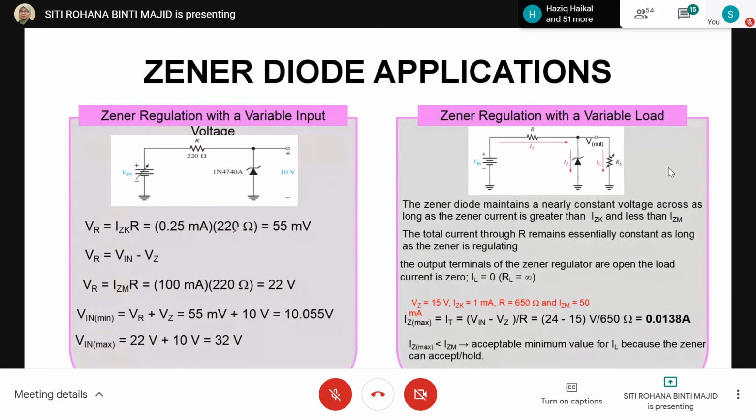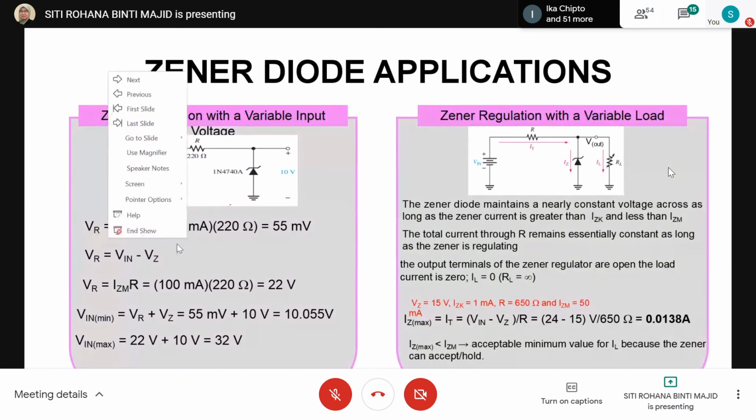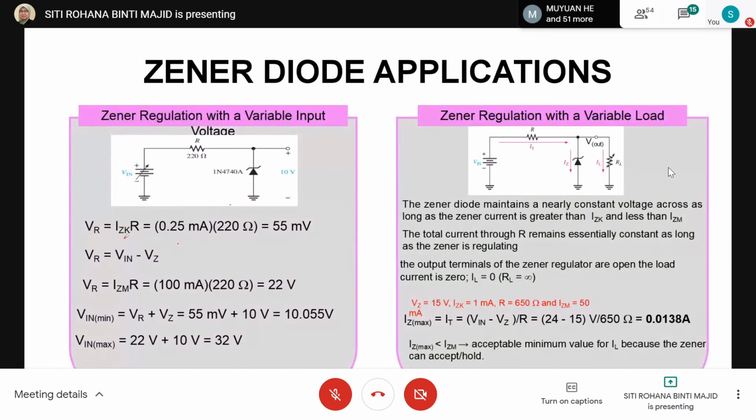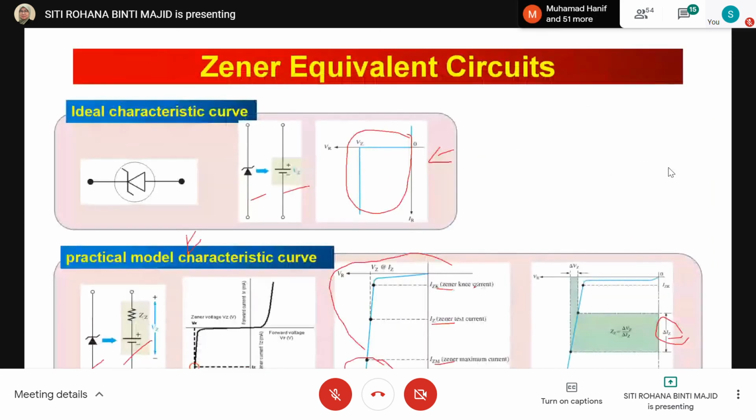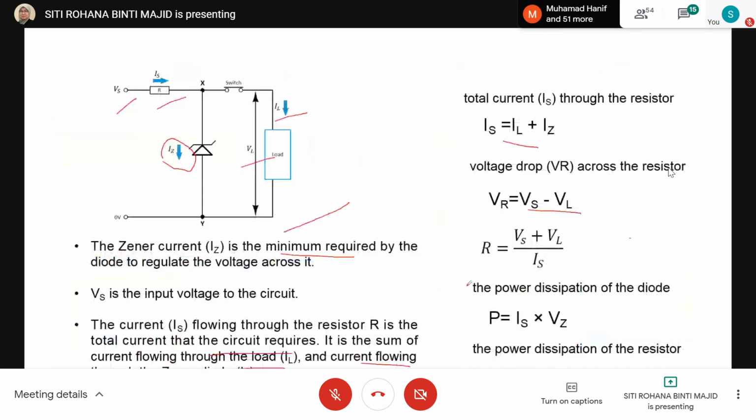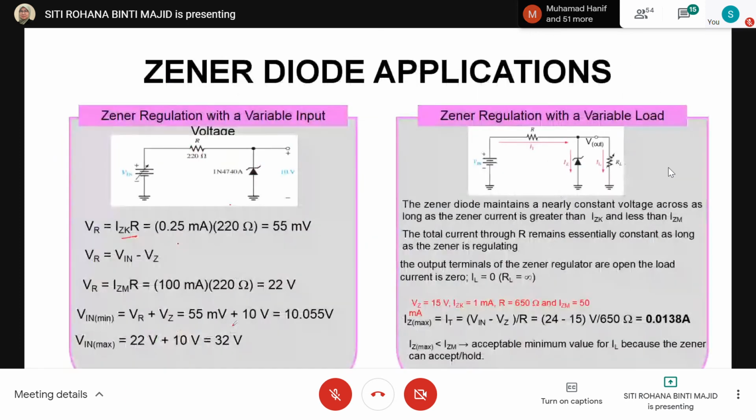Okay, so from this diagram, we can calculate VR for the resistor as IZK times R. This IZK just now is the knee current in the reverse region.